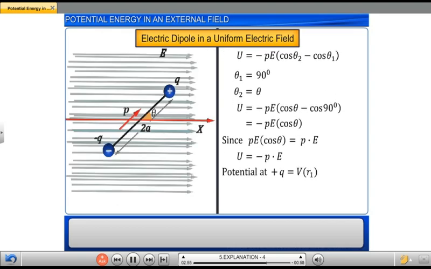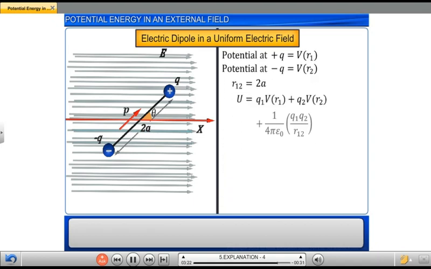If V of R1 and V of R2 denote the potentials at the positions of the charges plus Q and minus Q of the electric dipole respectively, the axis of the dipole makes an angle theta with the direction of the electric field, and the distance between the charges R12 equals 2a.